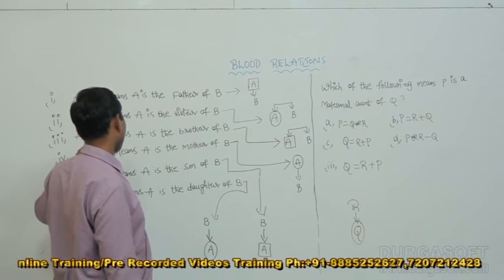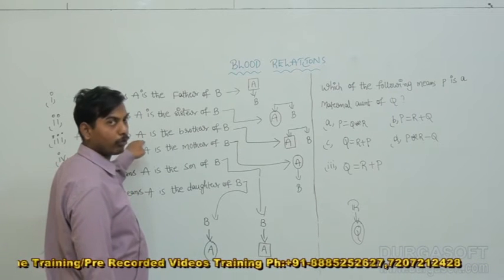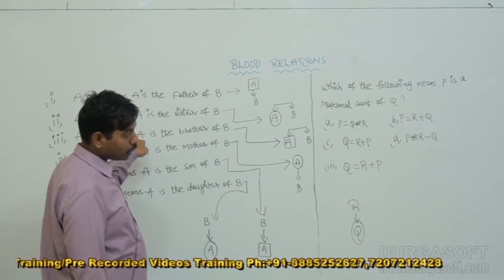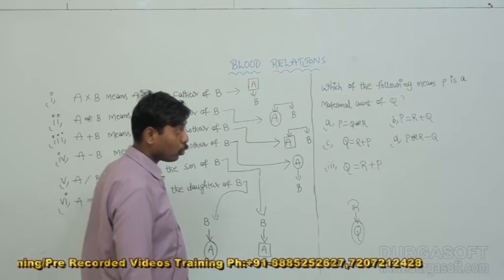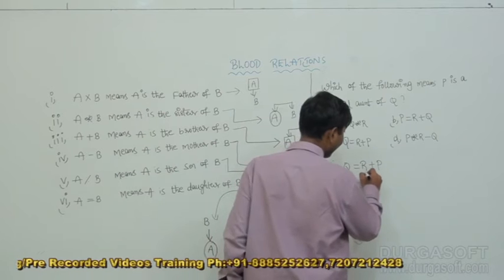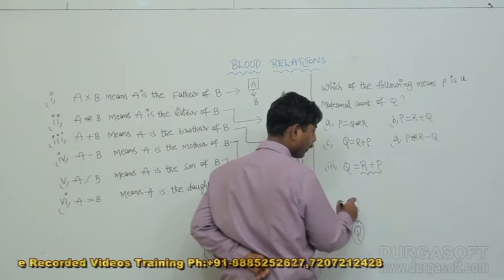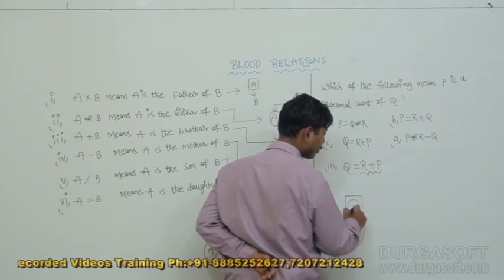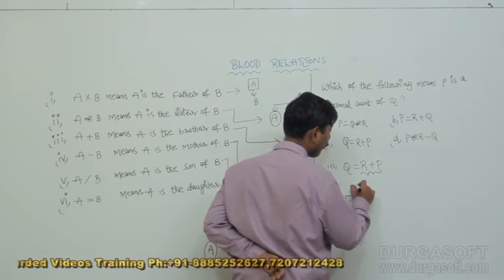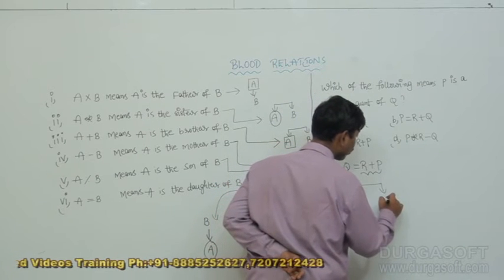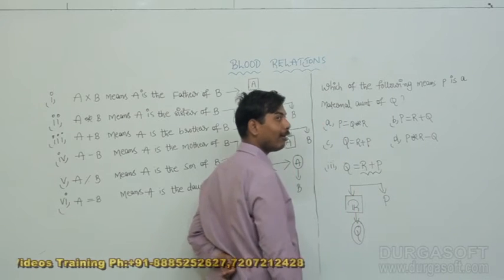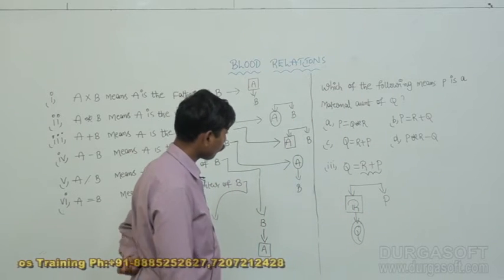Next one, A plus B means A is the brother of B. Like that, R plus P here means R is the brother of P. R is the brother of P means R and P are in the same generation.